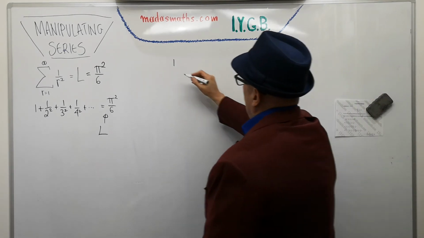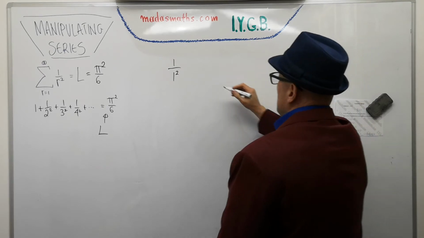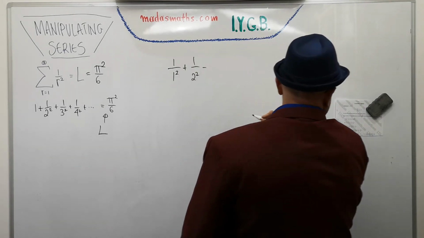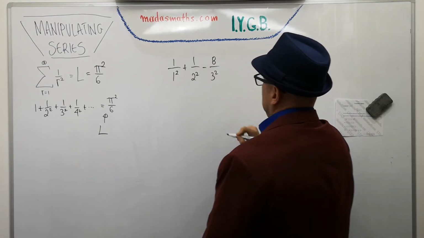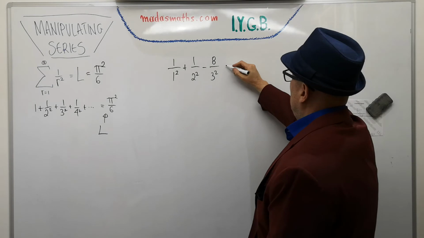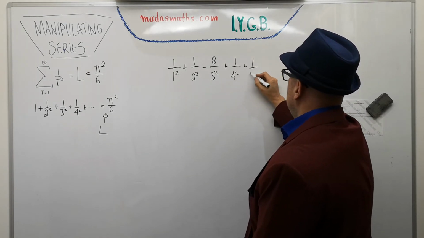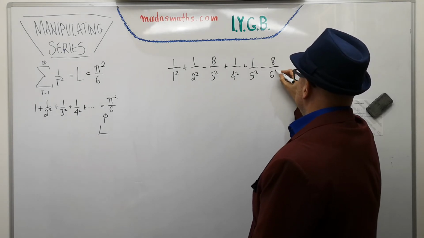Is 1/1 squared plus 1/2 squared minus 8/3 squared plus 1/4 squared plus 1/5 squared minus 8/6 squared.